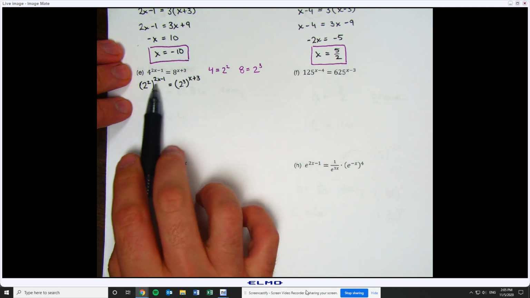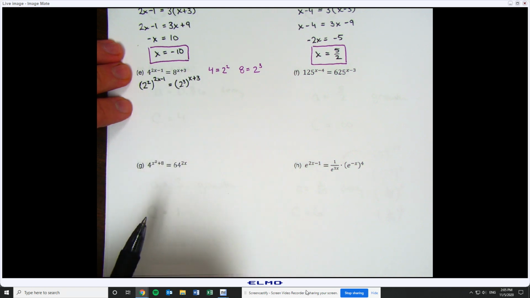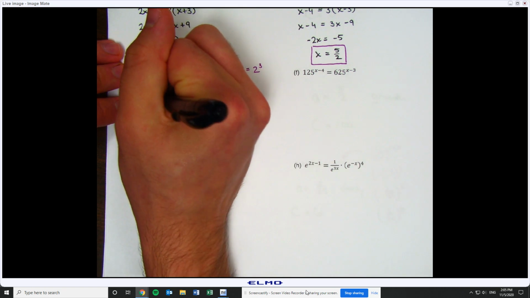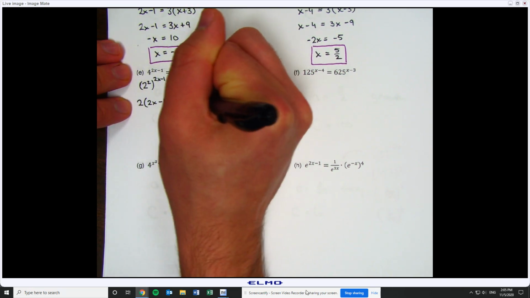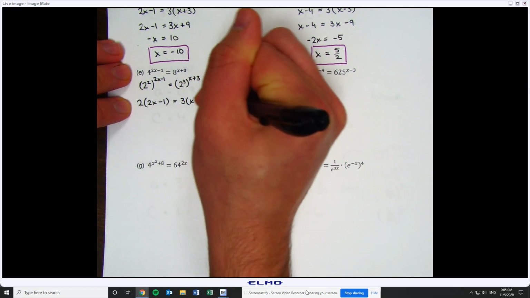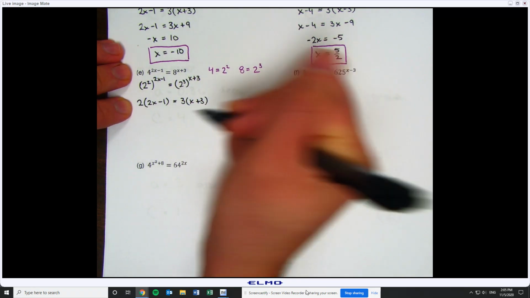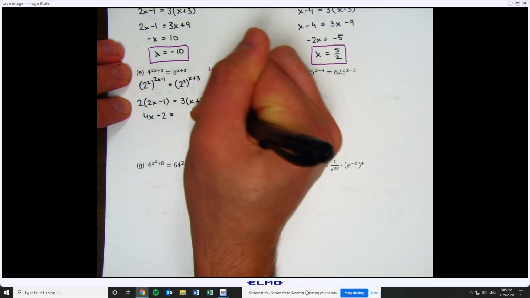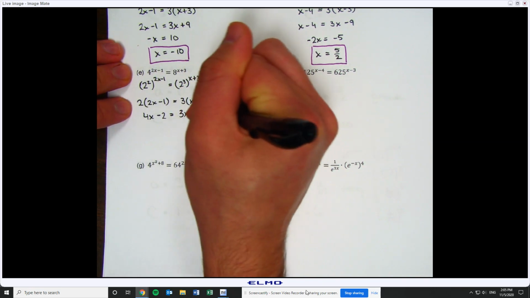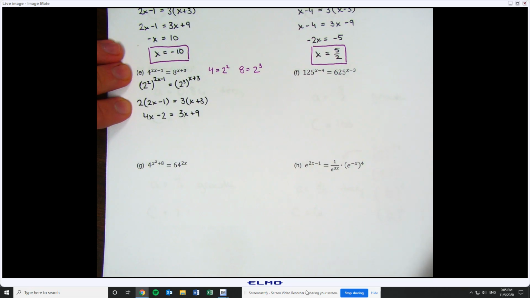We just had to add in something extra right here. Now, going through as we know how to do, that's 2 times x minus 1 equals 3 times x plus 3. Distributing, this is 4x minus 2 equals 3x plus 9. I did that almost 3 times in a row.